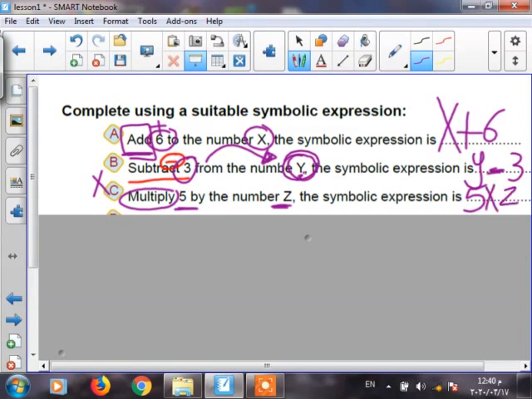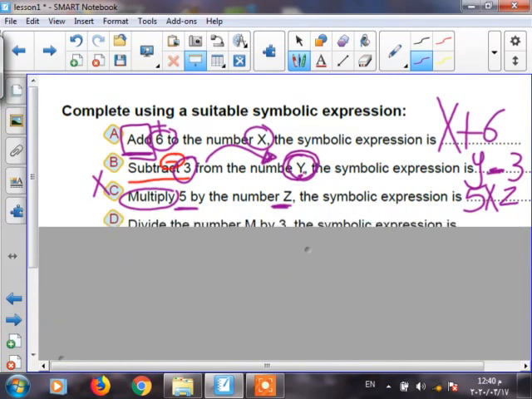When I make 5 times z, it will be equal to 5z. What is the meaning of multiply? Multiply means times, like 2 times 3 equals 6. So when you see 5 times any number, any symbol, it will be 5z.